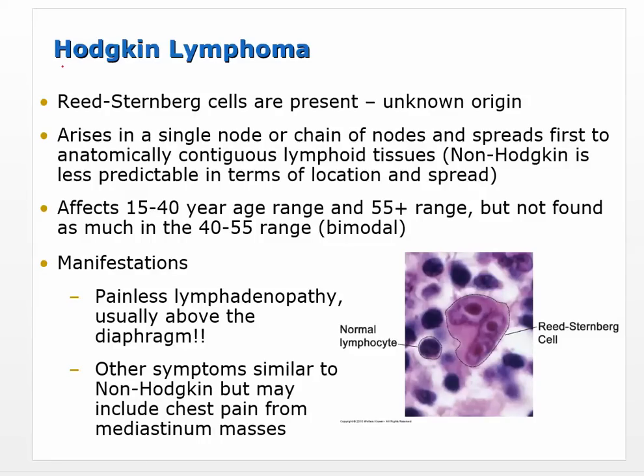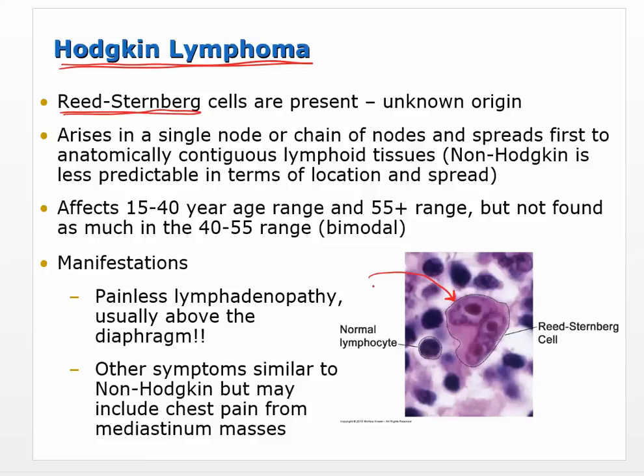Okay, so now we're moving on from non-Hodgkin to Hodgkin, and the big thing is the Reed-Sternberg cells. These guys, who they're named after, discovered and categorized this and figured out that if you saw this cell type down here, the Reed-Sternberg cells, that was absolutely a positive marker for Hodgkin lymphoma.